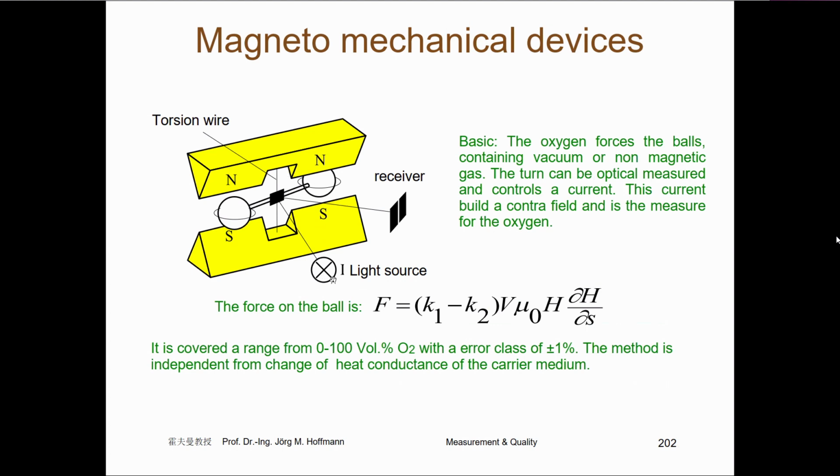But when you have here a light source, you register this movement.